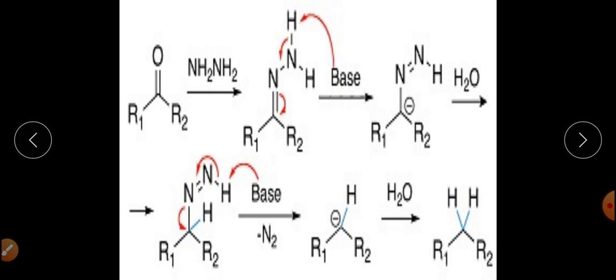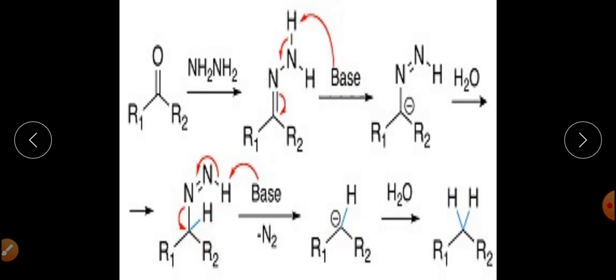So H2O first of all will be eliminated, and there is formation of C negative. Now this C negative will abstract H positive from the water, and after abstraction of H positive it will get converted into this one.